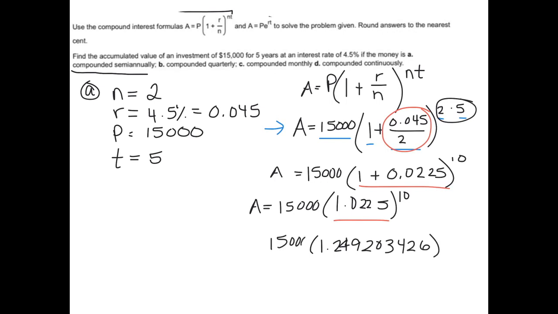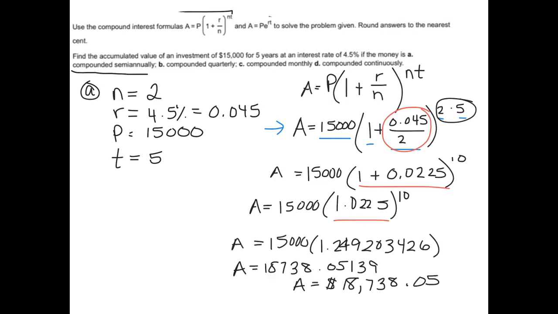Lastly, we'll multiply that value by 15,000, and we get an answer of 18,738.05139. Since this is a monetary value, we need to round to 2 decimal places, so our final answer is $18,738.05, and this is our answer to Part A.